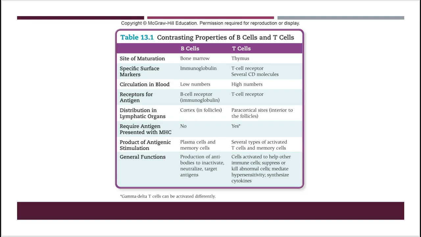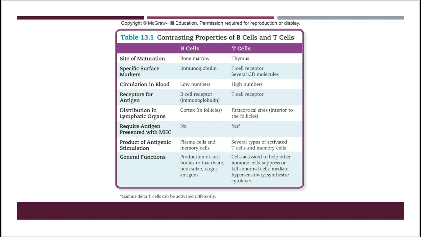B cells are going to circulate through the blood in low numbers. T cells are found in the blood at much higher numbers. The antigen receptor on the B cell is the immunoglobulin or the Ig molecule. T cells recognize antigen using the T cell receptor.